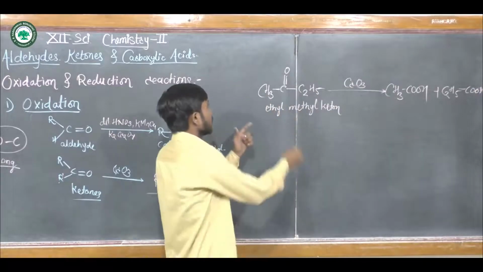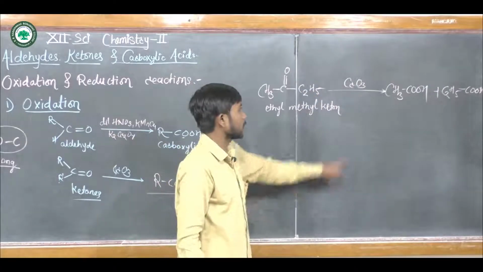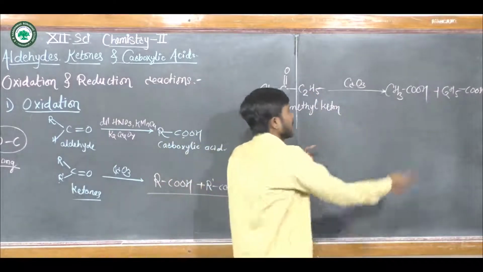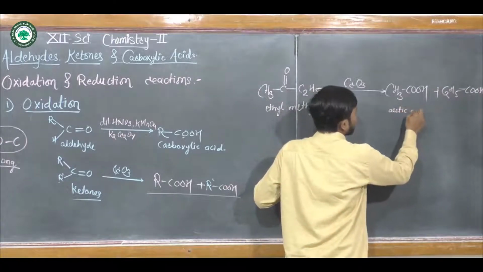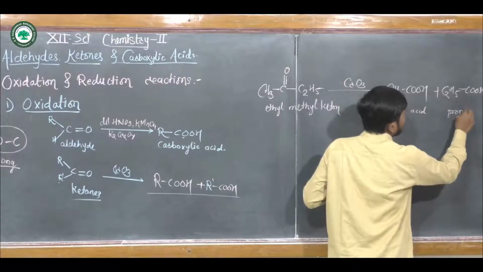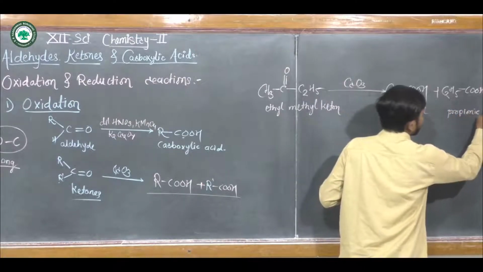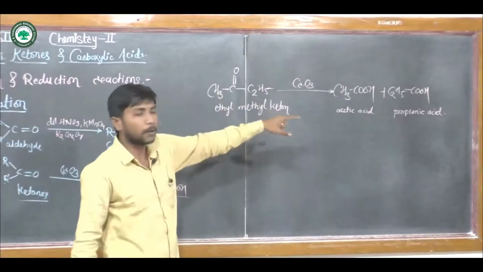In the starting material there are 1, 2, 3 and 4 carbon atoms, while in the mixture, this is acetic acid and this is propionic acid. This one is acetic acid and that is propionic acid.